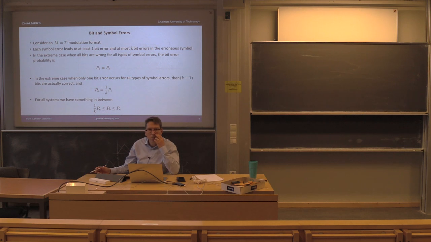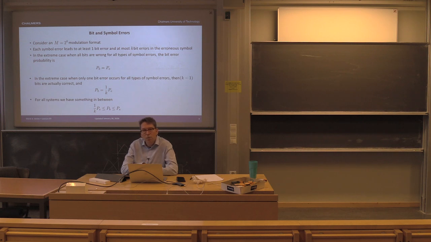Now, we started this lecture by talking about symbol errors and bit errors. So both of them are interesting, sometimes in different contexts, and somehow they're related also. So let's discuss how they are related.